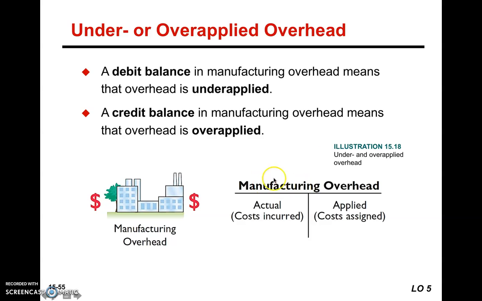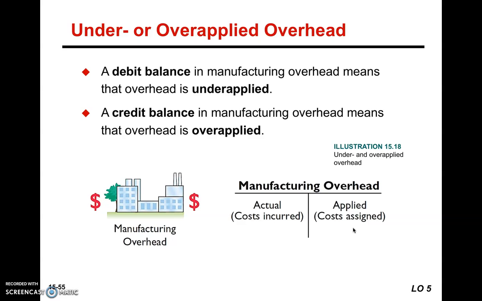overhead costs. Now, when we have the actual costs, we debit manufacturing overhead account, and when we estimate how much of that cost should be applied to each job, we're going to credit the account. And the estimation is based on having a predetermined overhead cost, which is calculated at the beginning of the year by looking at total estimated overhead cost for the year divided by total estimated activity base.